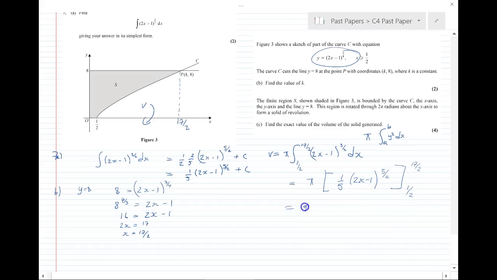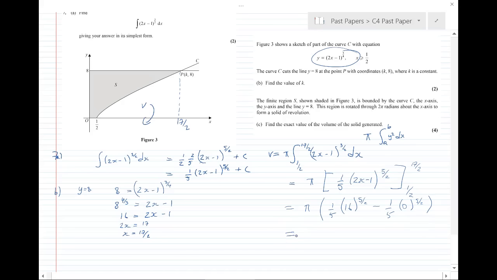Right, well that's pi times 1/5 of 2x minus 1, that's 16 to the power of 5 over 2. Take away 1/5, and the bit is 0 to the power of 5 over 2, which is obviously 0.